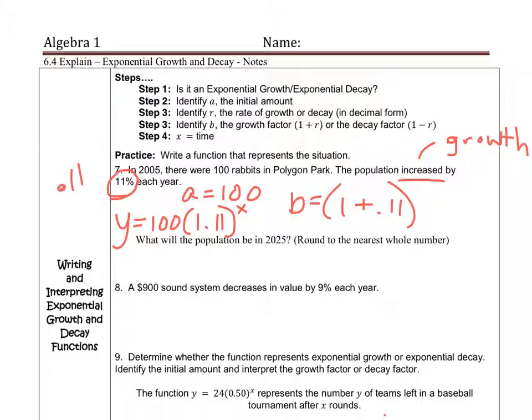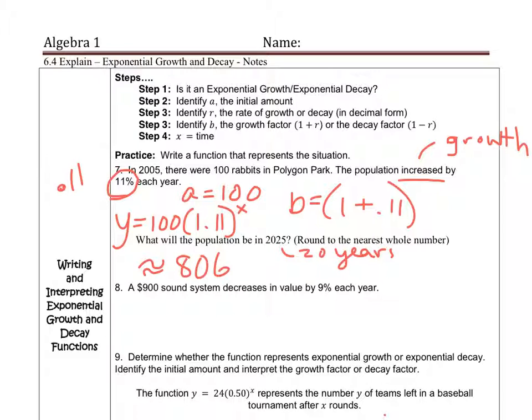The biggest thing about that is how many years is that? Well, we started in 05, so 2025 means 20 years. So put the equation in our calculator, go to the table, and at 20 years, it tells us that we're going to have approximately 806 rabbits.